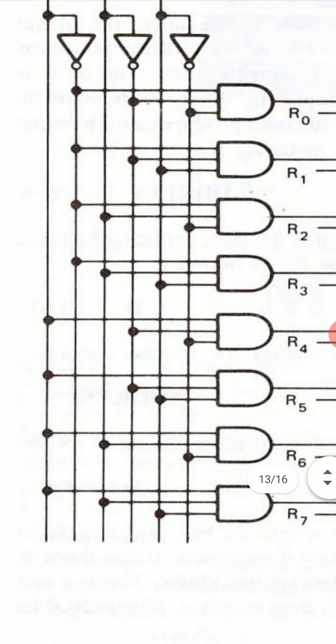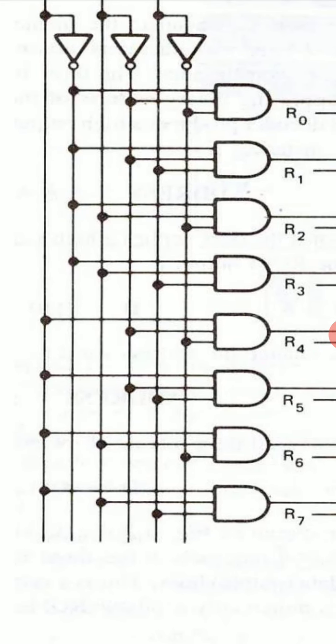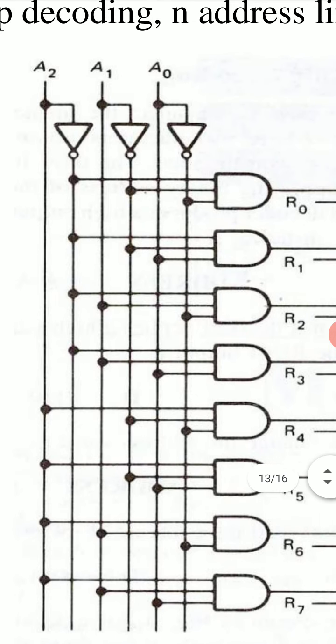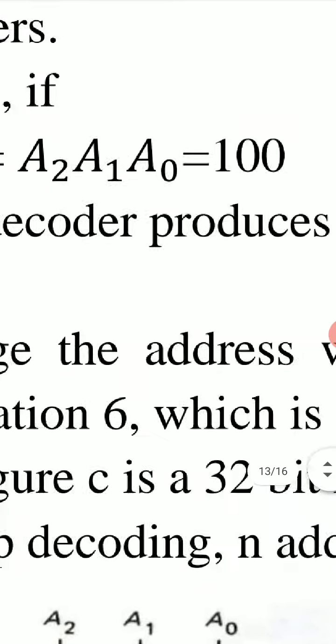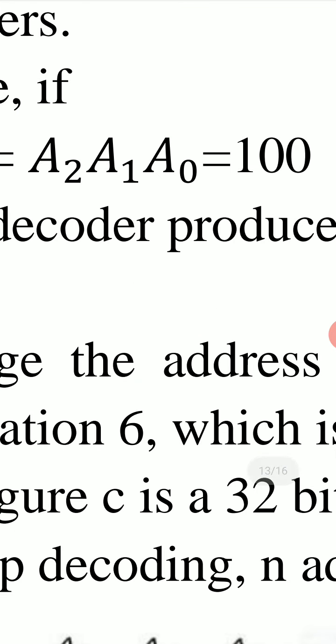Inputs of this AND gate of R4 register are A2, A1 bar, A0 bar. A2 is 1, so input will be A2, and since A1 and A0 are 0, 0, in its input we have A1 bar and A0 bar.